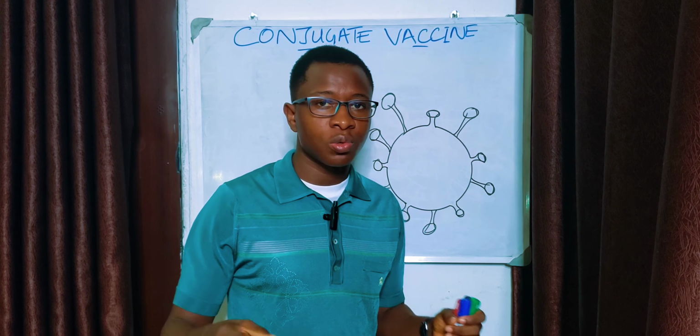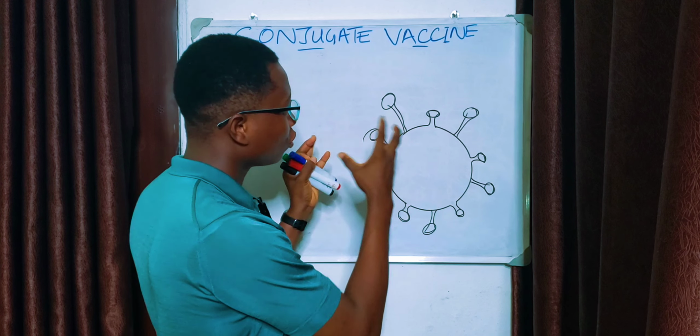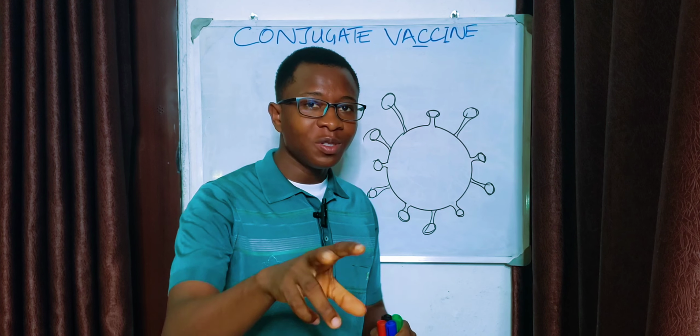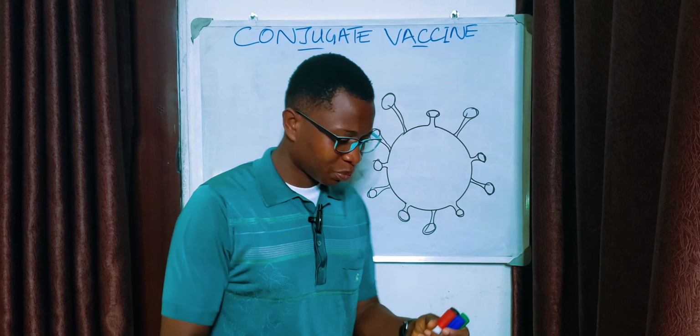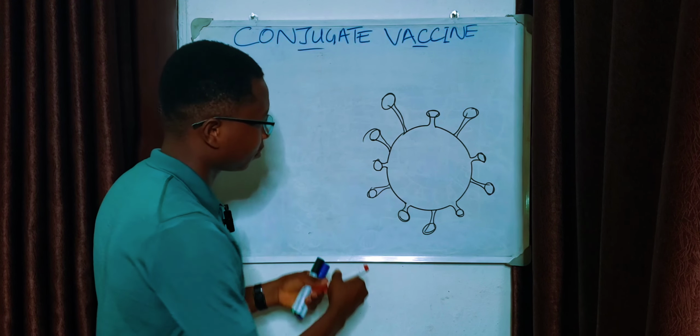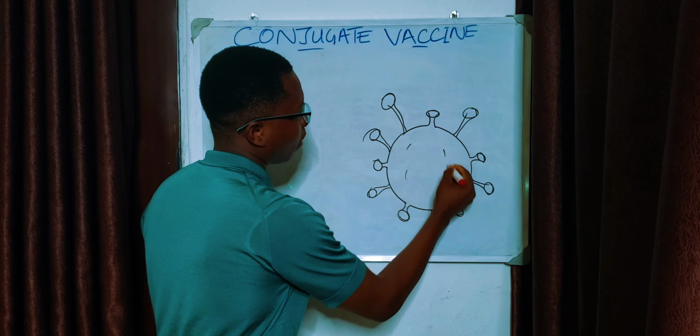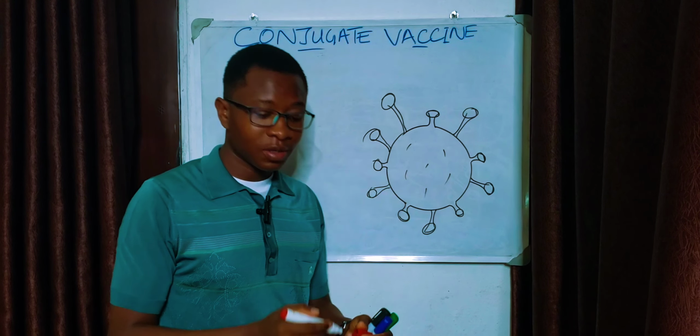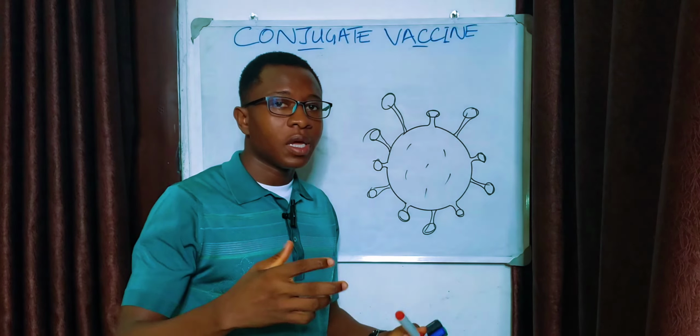So what the scientists did was come up with the conjugate vaccine. How is the conjugate vaccine produced? Let's assume that this is a bacteria or a virus that causes a particular disease.